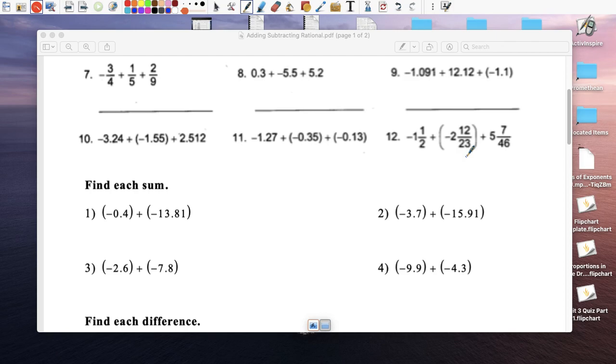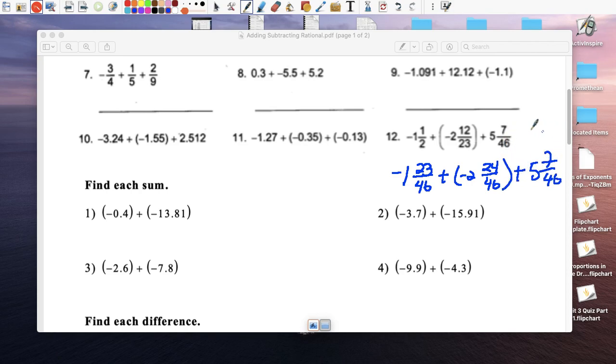I'm not a big fan of this, but if I change this, I'm going to get negative 1 over 46, so that's times 23, so this is what I'm going to get, plus negative 2, and this is 46. I'm writing an equivalent fraction of 12 over 23 in terms of 46, so that's times 2, so this is 24. And then this one I don't have to make any changes.